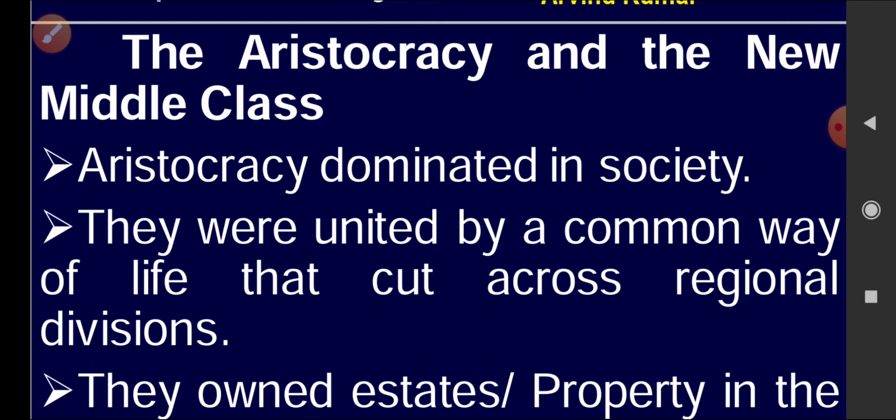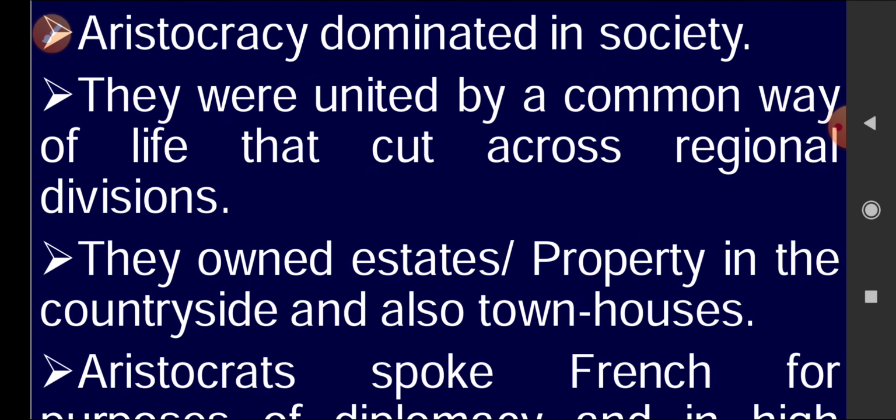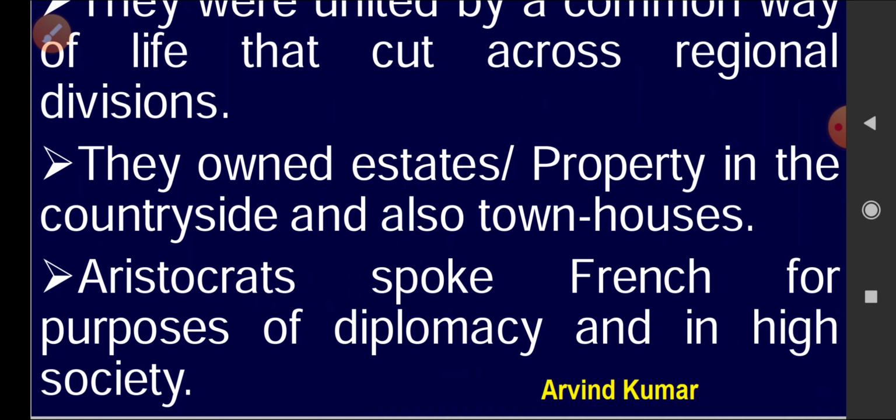Aristocrats owned the property of the states. They spoke French for the purpose of diplomacy and in high society, to show themselves superior to other people.